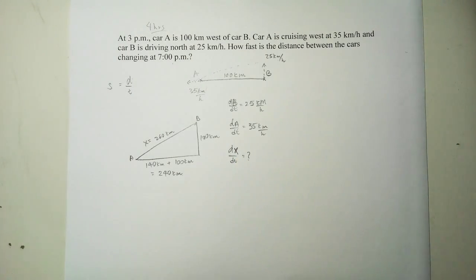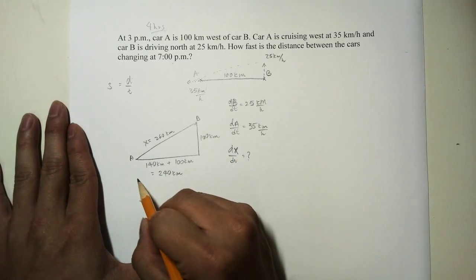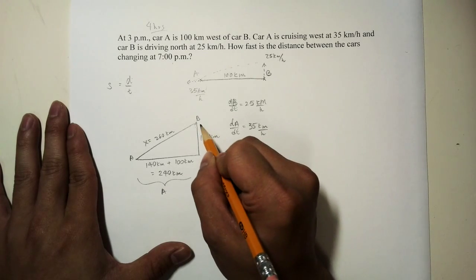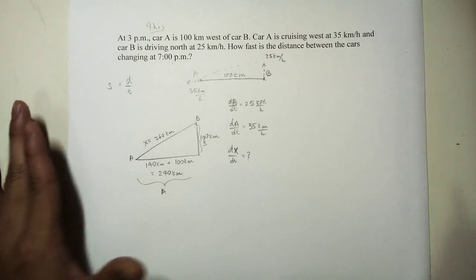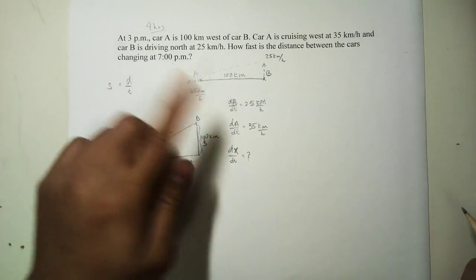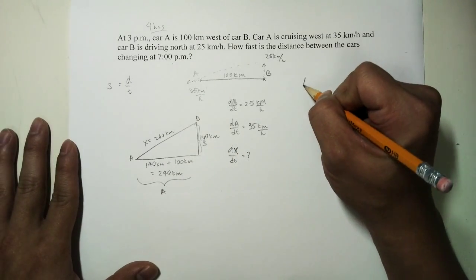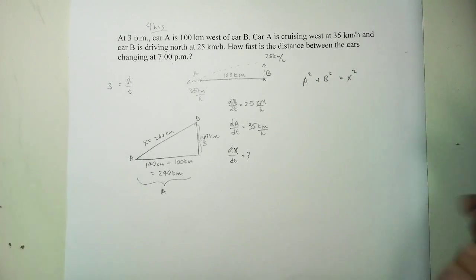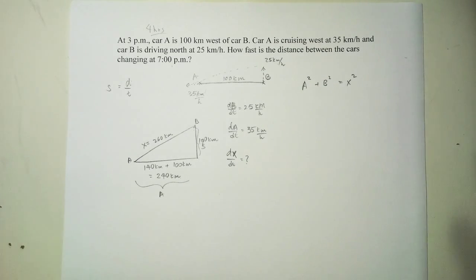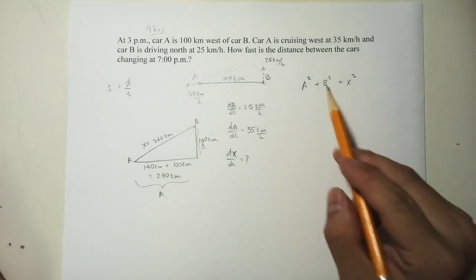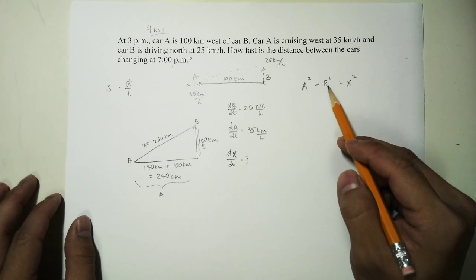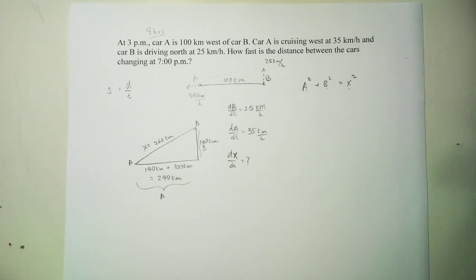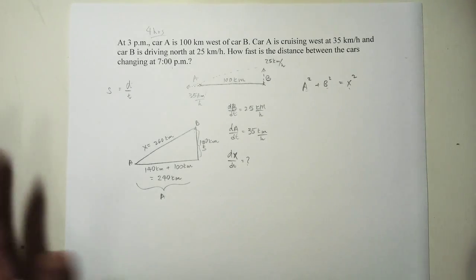Okay, so let's go ahead and set up an equation to relate these three things together. So it is going to be a squared plus b squared equals x squared, the Pythagorean theorem. Now, since these two cars are still traveling, A is not a constant, B is not a constant, and x is definitely not a constant. So we don't have anything to plug in for this equation.